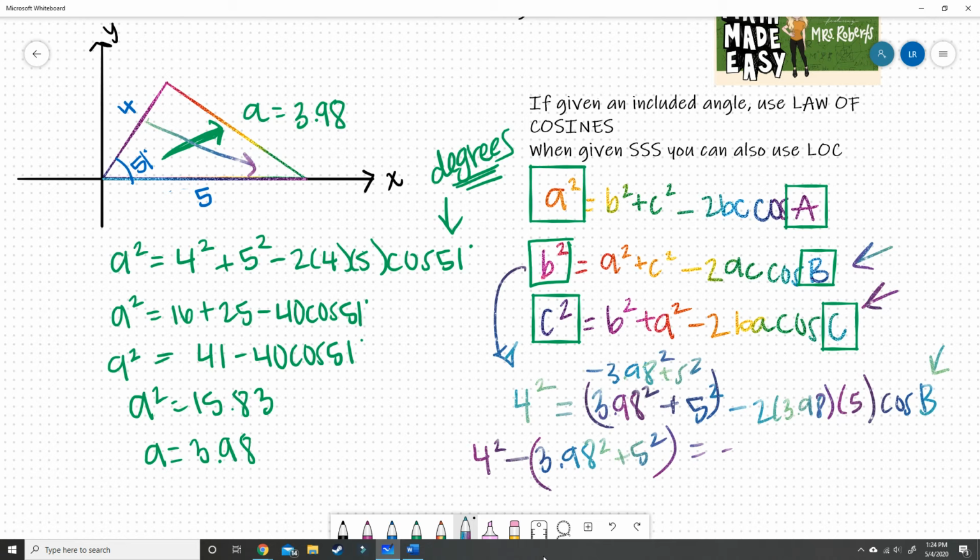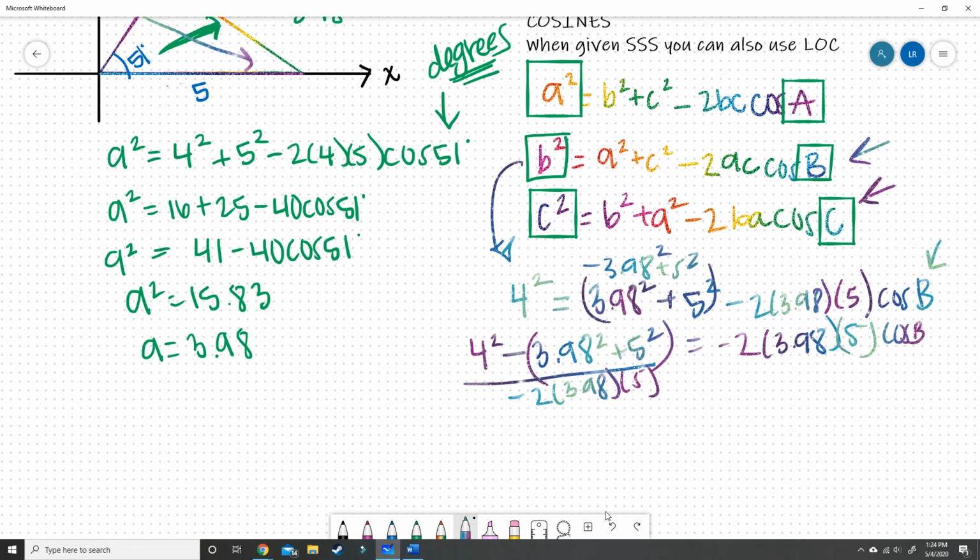Okay, and that gives us negative 2 times 3.98 times 5 times cosine of b. And then we can divide by negative 2 times 3.98 times 5. And that's going to give us cosine of b.